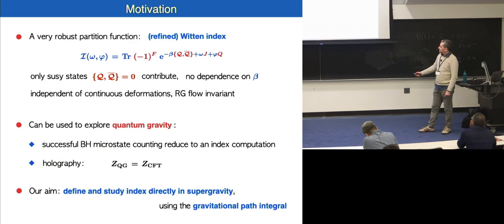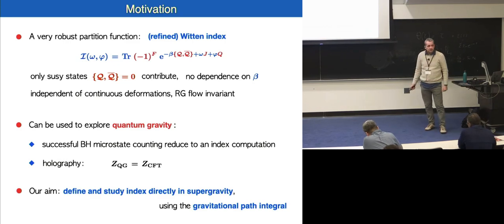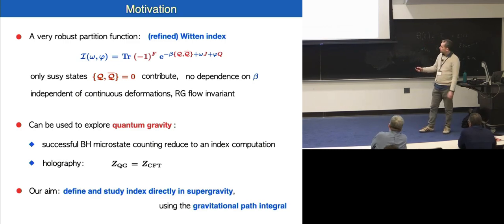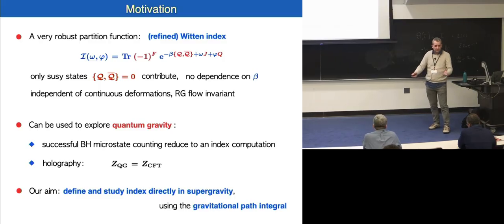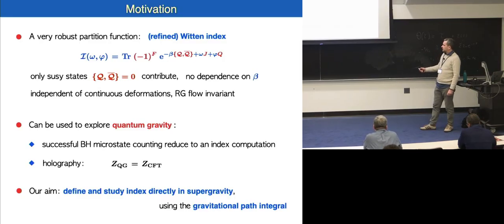So our aim today will be to define and study this gravitational index directly in supergravity, not by using the Hamiltonian trace, because we don't know what's the Hilbert space of the theory, but using the gravitational path integral.